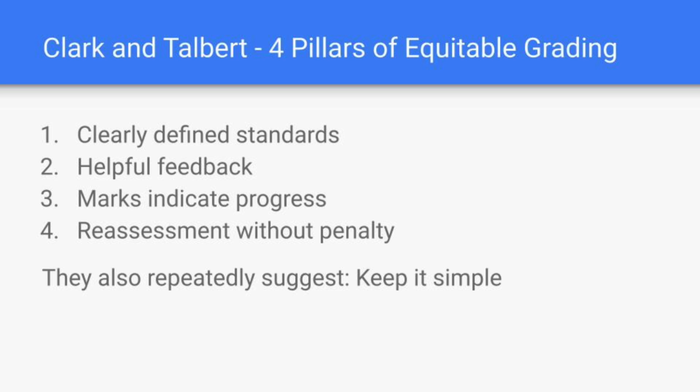And there are many ways of doing this. One is there should be clearly defined standards so that students know what they need to learn and how they're going to be assessed. They should be receiving helpful feedback, and the marks that are assigned, whatever type of grades or feedback system you're using, should provide some indication to students of the progress they're making.